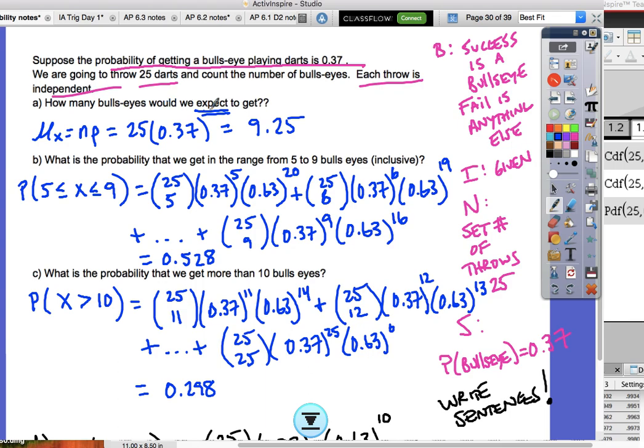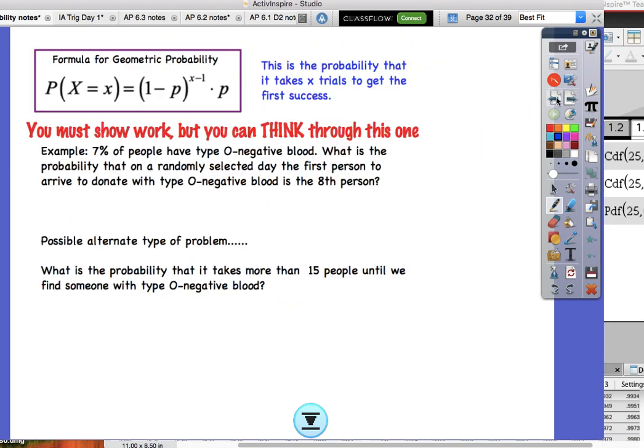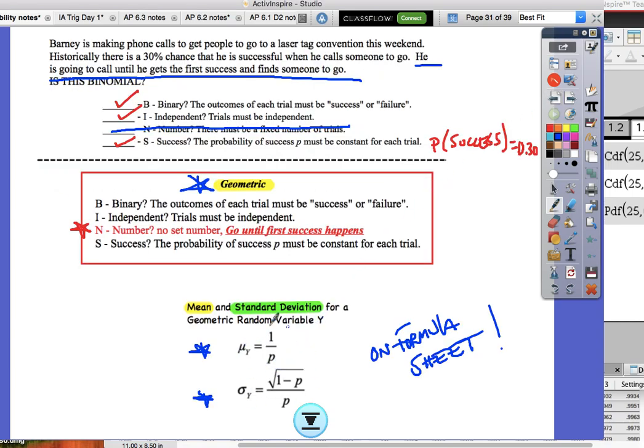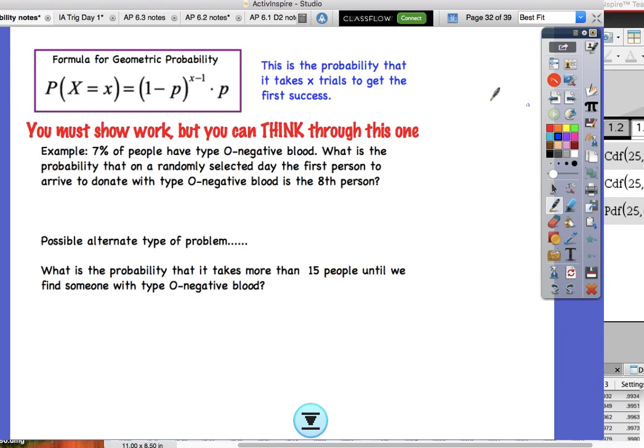Remember when it was like expected value, that's where we used that mean formula. That could come up here with geometric. So you have these formulas. P is your probability of success. And here is another formula you can use for geometric, but honestly, you don't really need this. If you want to write it down, you can, but I just tend to think through these problems.